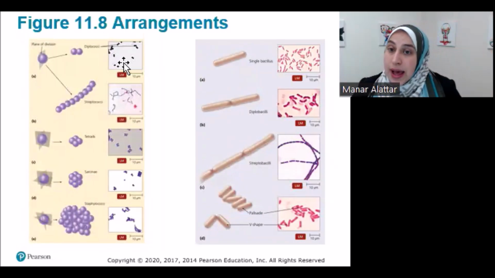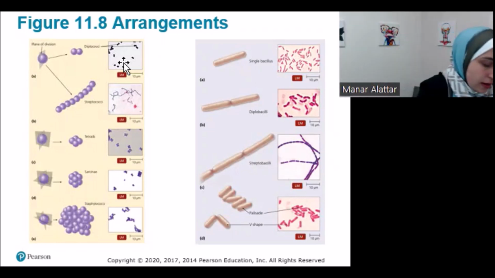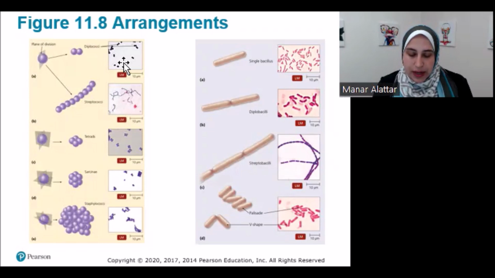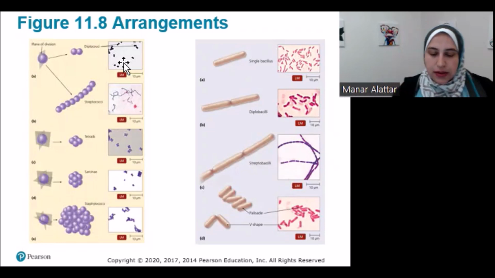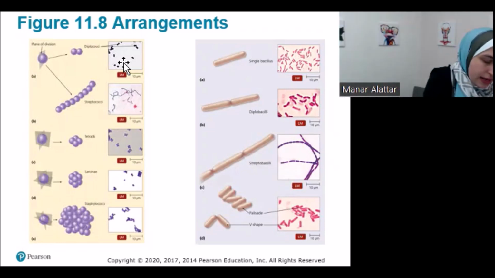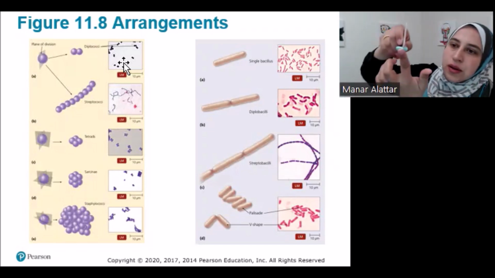We could also have streptobacillus, okay? So in that case, we would have our cell, and the original parent cell, if it was a bacillus-shaped organism, then divides, again, just on one single plane.